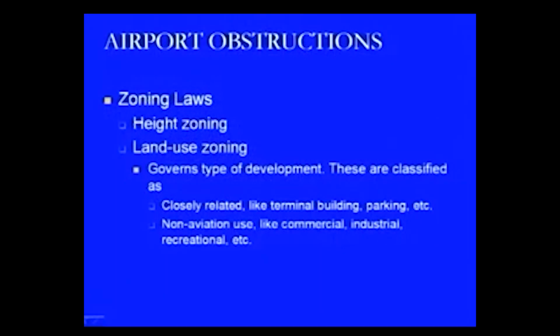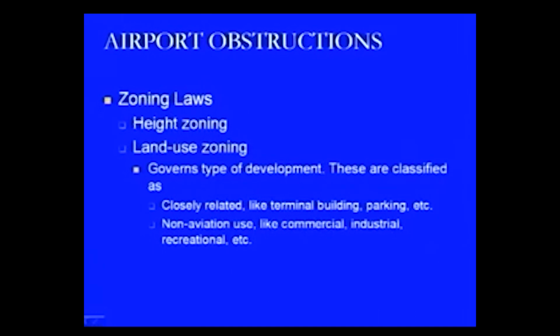Then what types of land uses are there? There is another zoning law which is related to land use, and it governs the type of development which will be taking place in the adjoining areas of the airport. These are classified as closely related, like terminal buildings, parking, etc., because these cannot be removed.